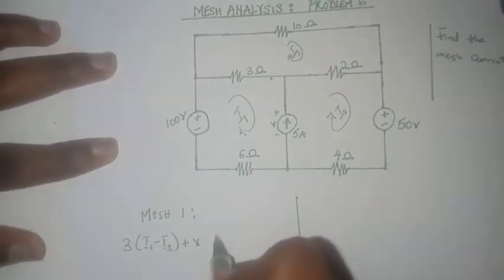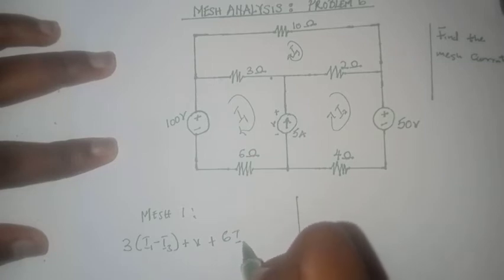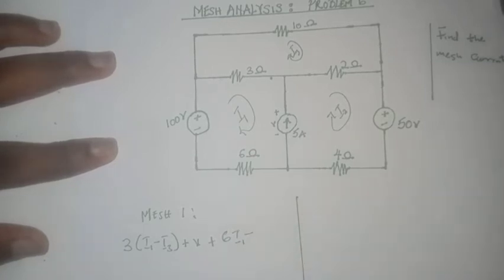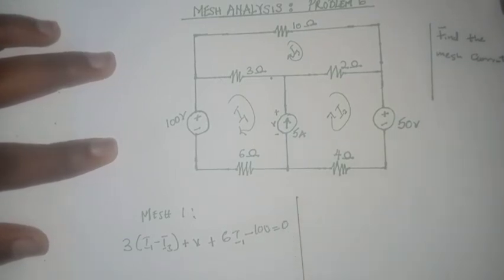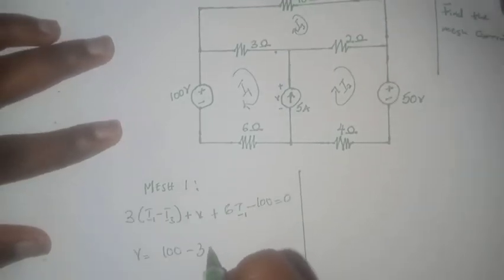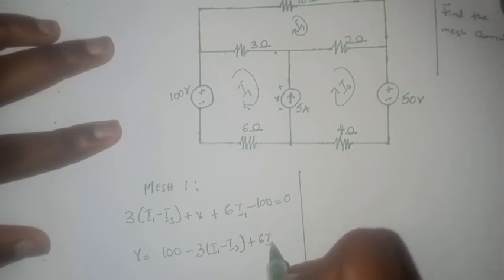then we reach A, and this would be plus 6I1 minus 100, all equals 0. Then from this we can say that V is equal to 100 minus 3 into I1 minus I3, plus 6I1.